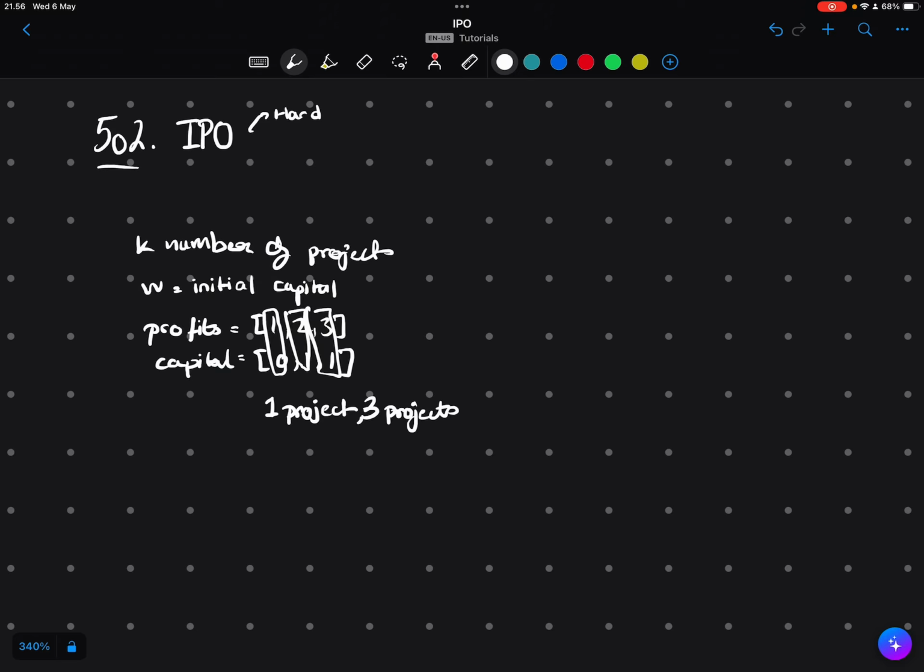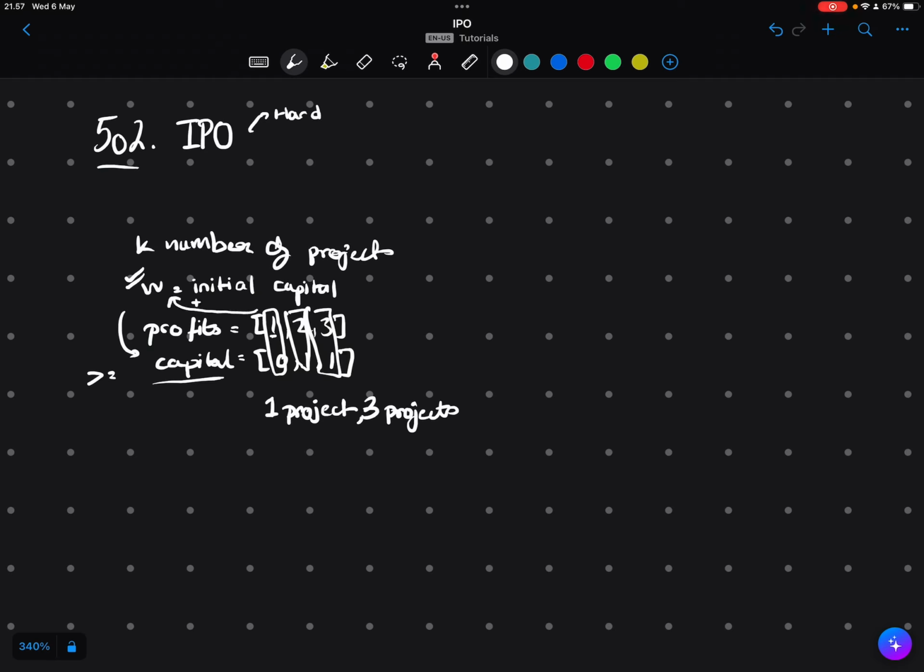Now the first thing to note is the fact that whatever is out of our initial capital, that's something that we can't afford. So our capital, our W, has to meet the capital that we would choose from our project. We have to be greater than or equal to that.